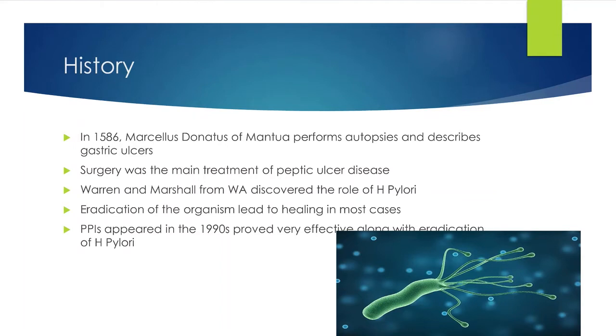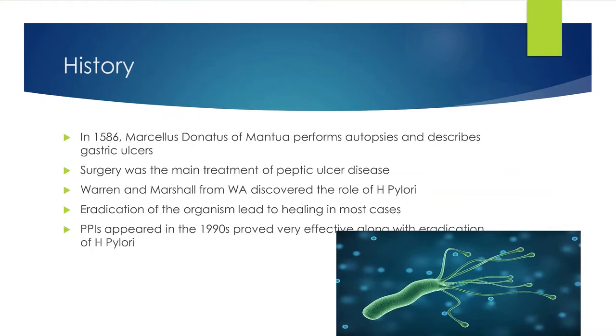The surgery used to be in the form of truncal vagotomy. There is a selective vagotomy. There is antrectomy, which is the distal part of the stomach. These were based on the theory that ulcers are caused by acid oversecretion, and the mechanism that produces the acid in the stomach is controlled by the vagus nerves and by what we call the G cells in the antrum, which are the gastrin-producing cells.